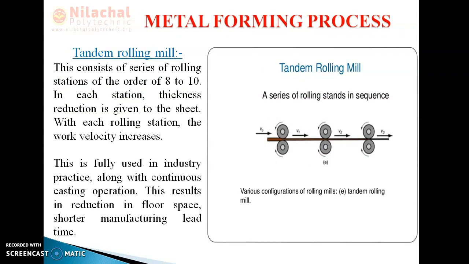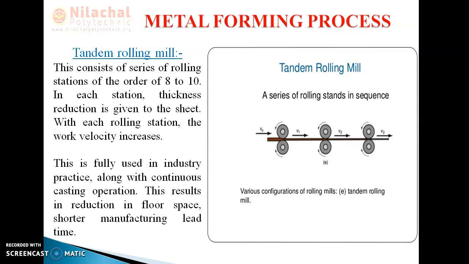Now, here in this figure you have the tandem rolling mill. This consists of a series of rolling stations, of the order of 8 to 10. In each station, thickness reduction is given to the sheet, and with each rolling station, the work velocity increases.